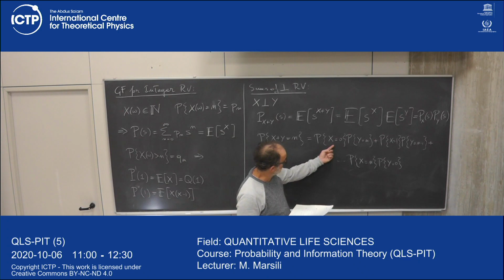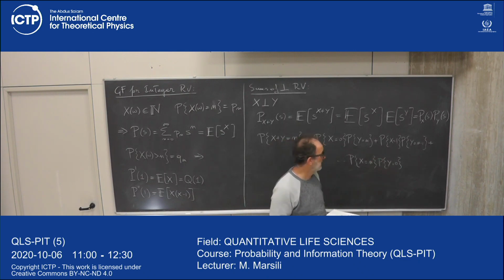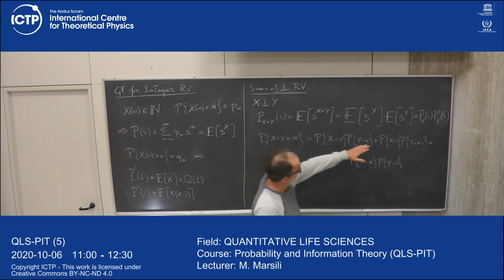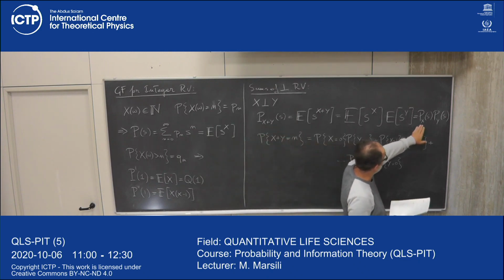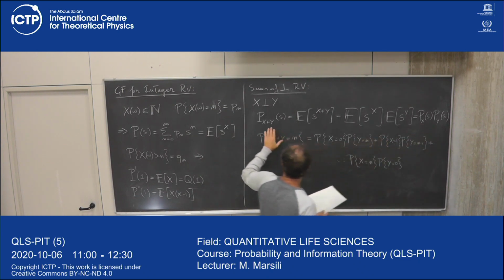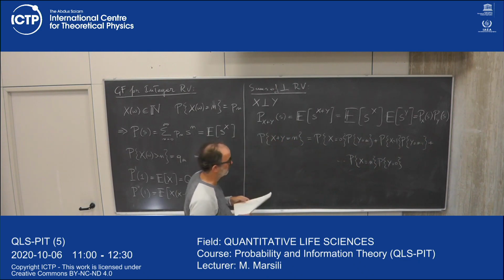And this involves essentially n plus 1 multiplications and n additions. Okay? Whereas what you can do is, if you have the generating functions of the random variables x and y, you can compute the generating function of x plus y by just one multiplication. Okay?